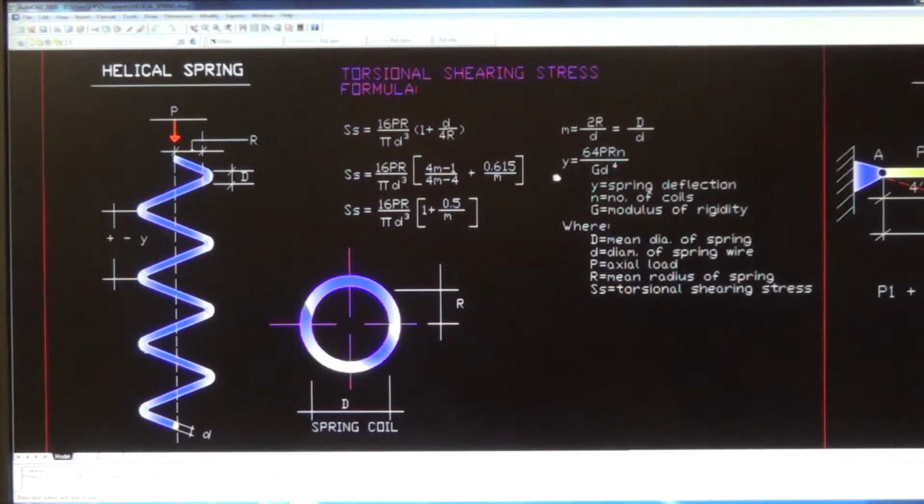So y is equal to 64PRN divided by the modulus of rigidity times the diameter of the spring wire to the power of 4.